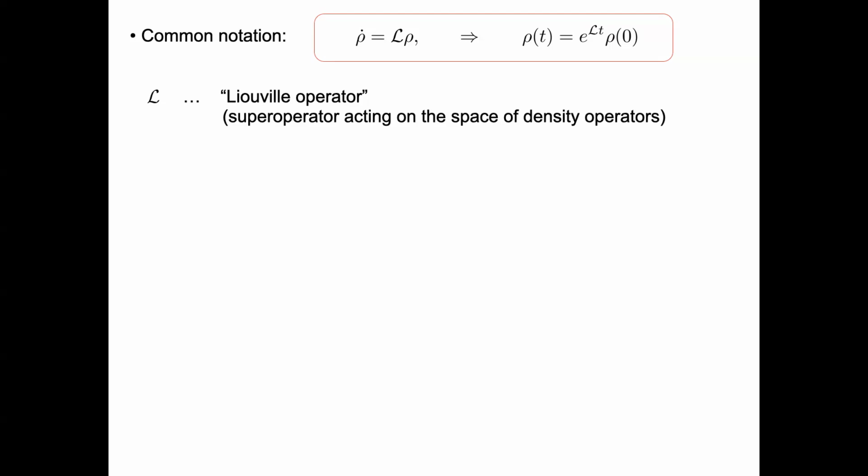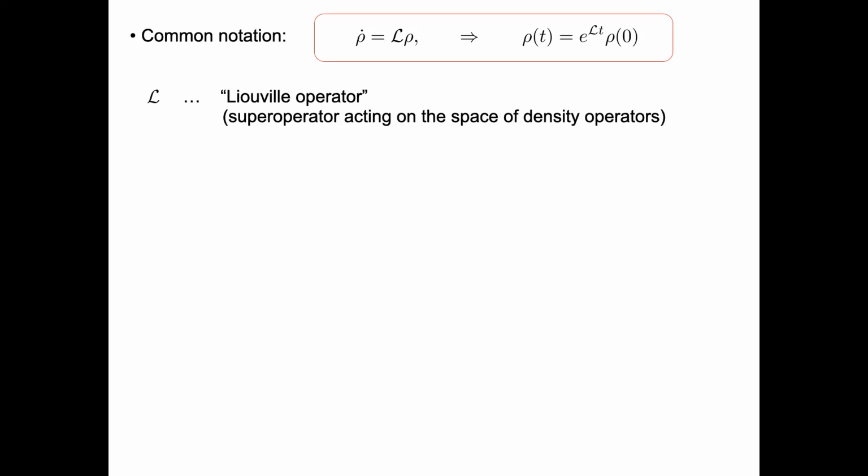Every matrix, I can just take the elements and put them in vector form. Then I've represented my density operator in a basis as a vector, and this L, this complicated operator, would just be a bigger matrix. Any linear equation you can write down, if you write it in a certain basis, you can write as a vector dot equals a matrix times rho.